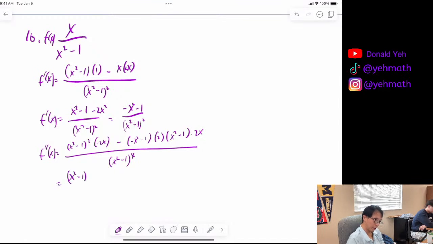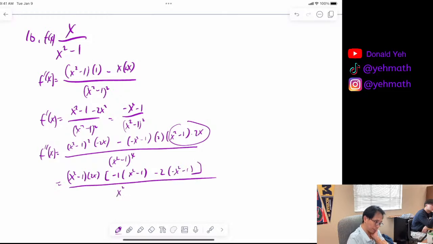Anything I can factor out? 2x, I think. And once you factor out, it should get negative 1 times x squared minus 1, and this is completely out. So it'd be negative 2 times negative x squared minus 1.